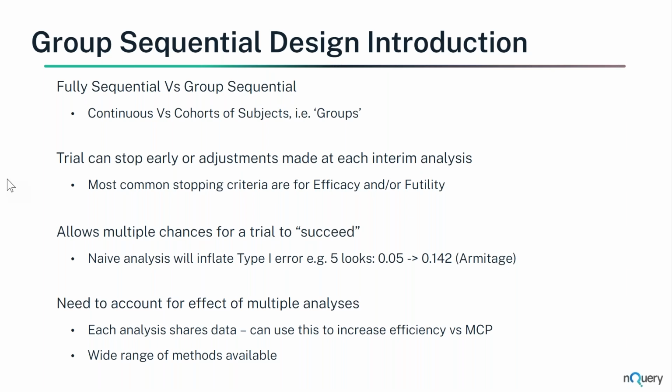It can also be shown that for most scenarios, a handful of interim analyses captures most of the efficiency gain, i.e. the lower average sample sizes of a sequential design compared to one with a large number of looks.